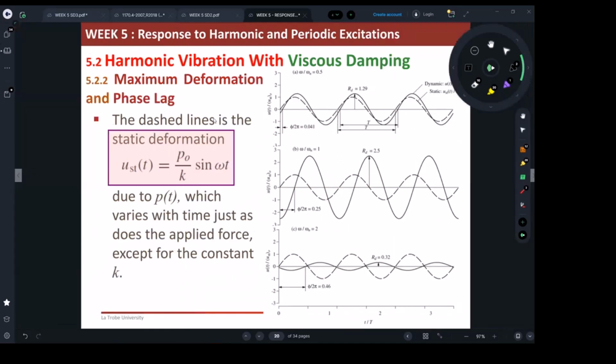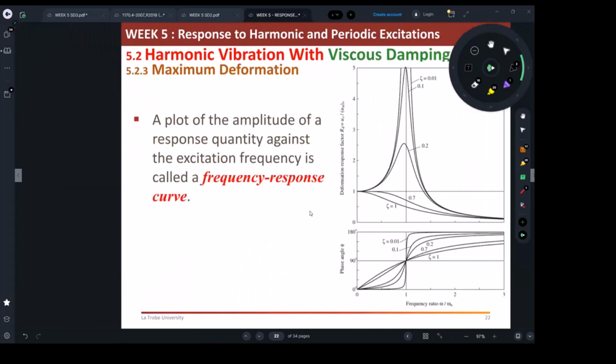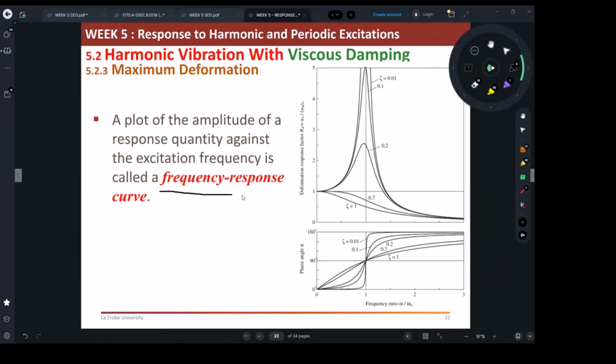After you look at those examples, go through these slides, understand the different responses that we have from each assumed system, and then understand what we mean by the frequency response curve. It is just another graphing technique that engineers like using to determine how critical their structures are against particular motions.